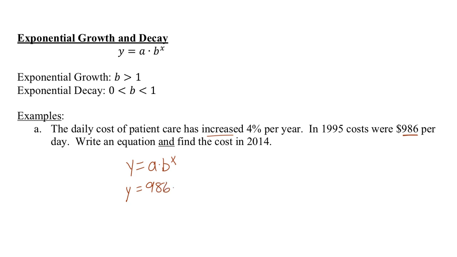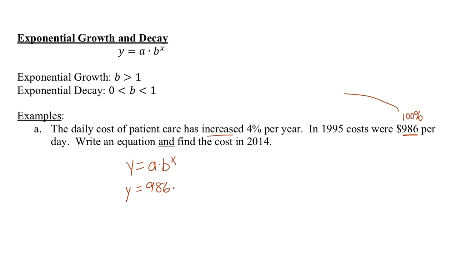986. All right, now we need to decide our b. We know that costs were increasing 4% per year. But if I just put in 4%, all it's going to do is calculate 986 times 4%. That's not going to give me an increase. That's just going to give me the amount it increased. So to show the increase, we're going to say that 986 was 100%. That was 100% of the cost in 1995.